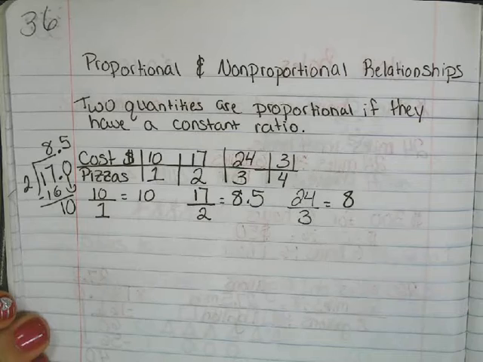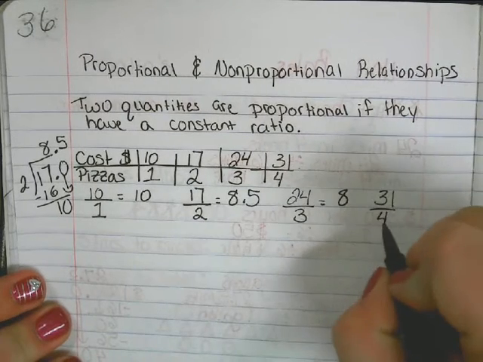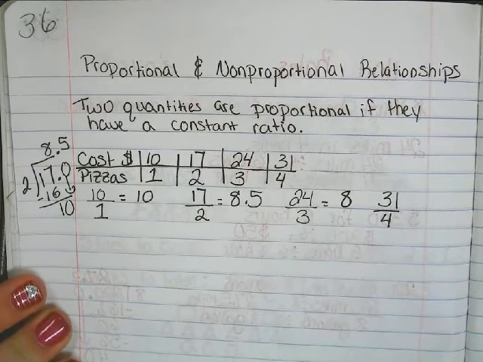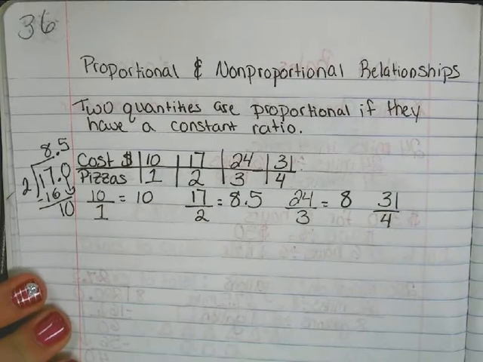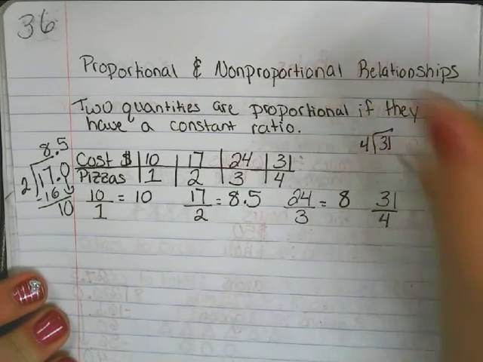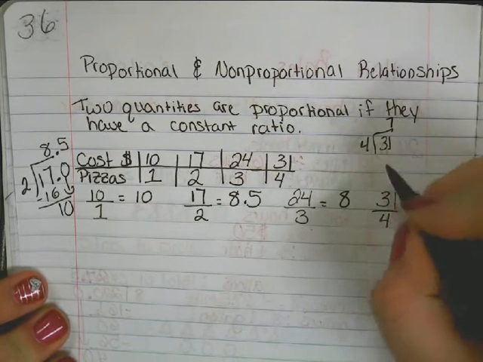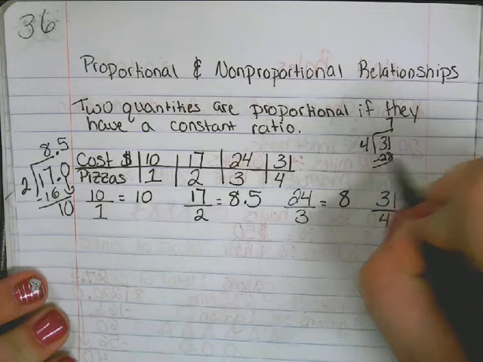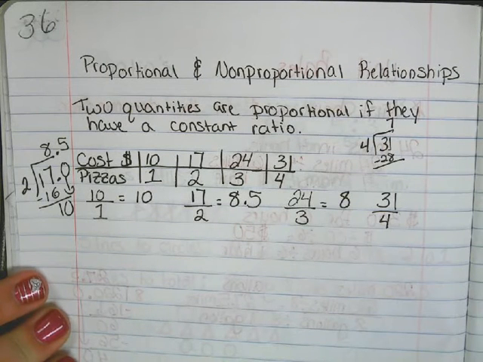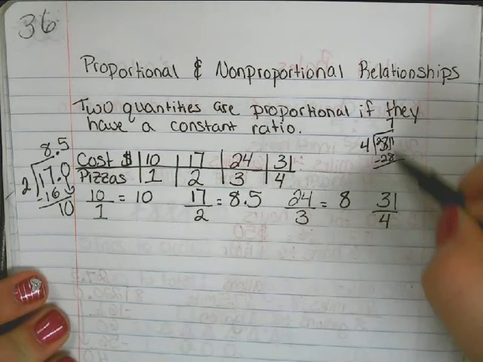So let's look at 31 over 4. That one's not going to divide very nicely, is it? So let's set up a long division. 31 divided by 4. How many times does 4 go into 31? 7. Which gives me what? 28. Good. 31 minus 28. You can't do it, so I'm going to borrow. That becomes a 2, that becomes an 11. 11 minus 8? 3.